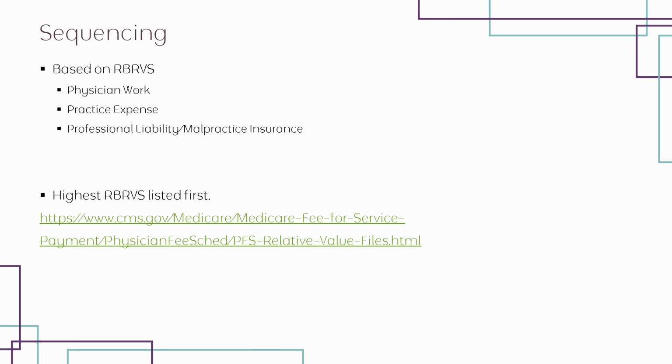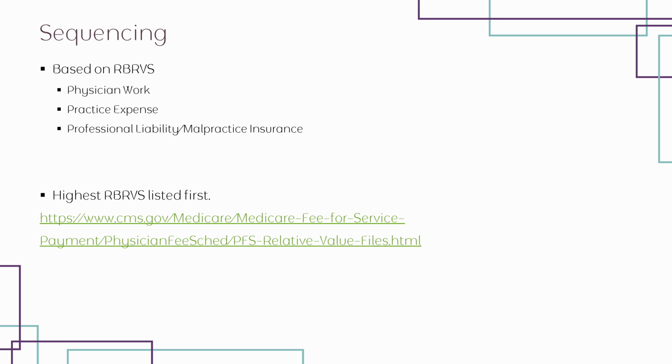The first component is the physician work value, which reflects the time, skill, effort, and decision-making required to perform the service. The second component is the practice expense, which accounts for the overhead costs that are involved in providing the service, such as staff, equipment, and supplies.